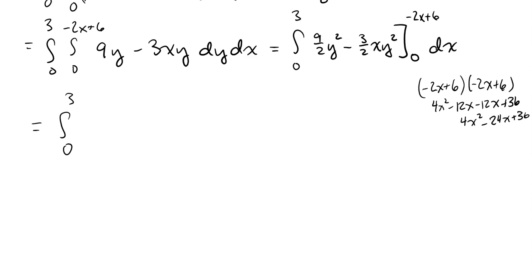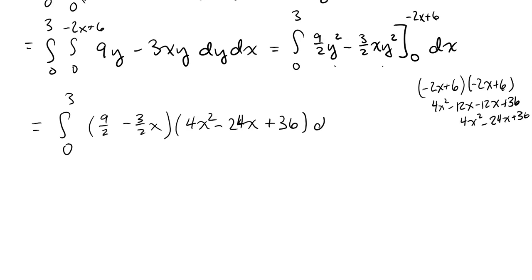So let's actually just go ahead and factor that out and then remultiply things through. So we've got 9/2 minus 3/2 x and then times that whole thing, so times 4x squared minus 24x plus 36. So multiplying the 9/2 through, 9/2 times 4 would be 18.